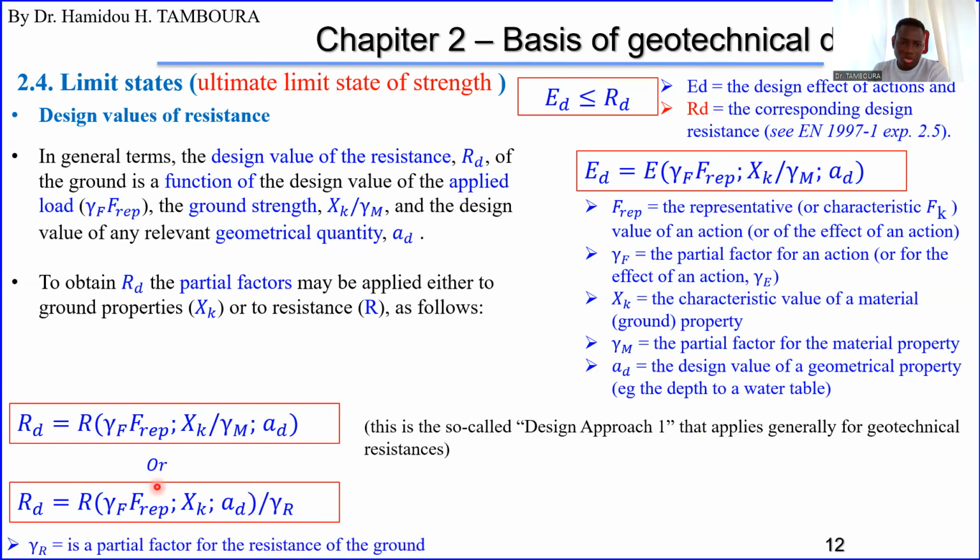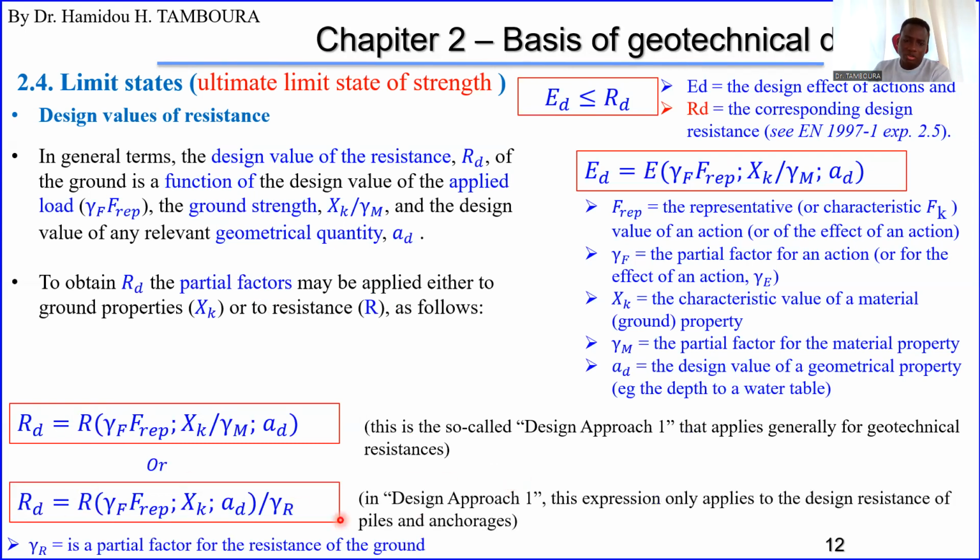Okay, so we have two ways, but no matter which one we use, remember that this one should be the R, the resistance. This one also, design approach. This expression is applied to design resistance of pile and anchor only.